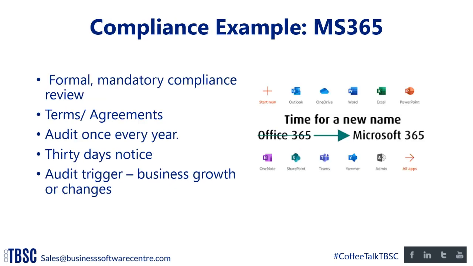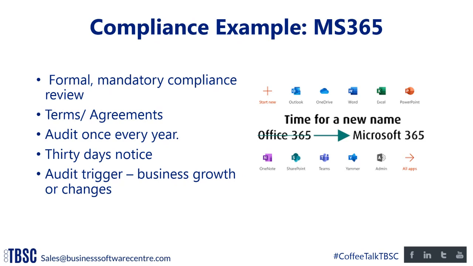Now, since this talk is focusing on Microsoft 365, I would like to focus on the compliance examples of that. So Microsoft has the ability to perform audits every year. And I'm not saying that they will do this every year, I'm just saying they have the ability. It's written in many of the contracts that if they can, they will, and especially if something triggers an audit.